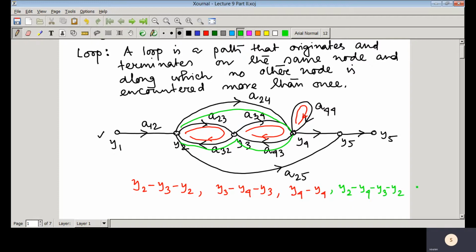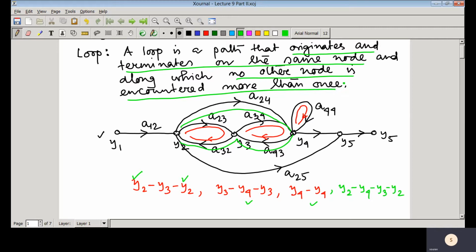So this is actually the definition of the loop. The loop is a path that originates and terminates on the same node. Here you can see that it originates from y2 and terminates at y2. The same thing happens for the other loops as well. And no other node is encountered more than once.